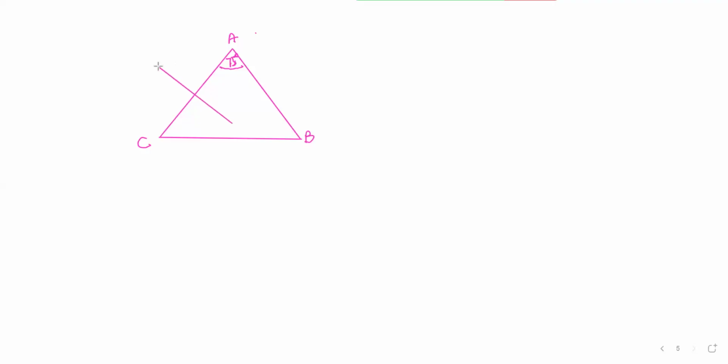We don't know the angle of incidence, so this is I. Then from air to glass, it will bend towards the normal, so we'll deviate.